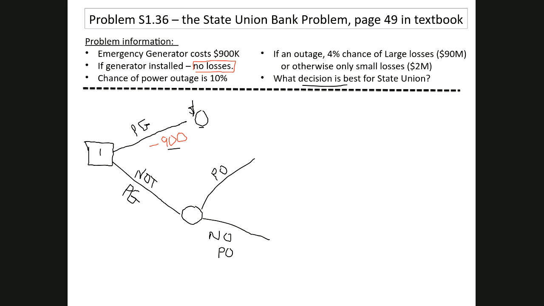And so if there is a power outage, what's the next thing to occur? Well, there's going to be losses because we don't have a generator. So there will be large losses, or there will be small losses.